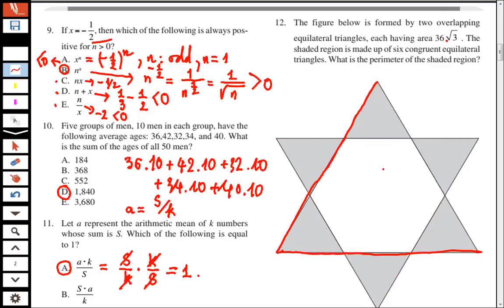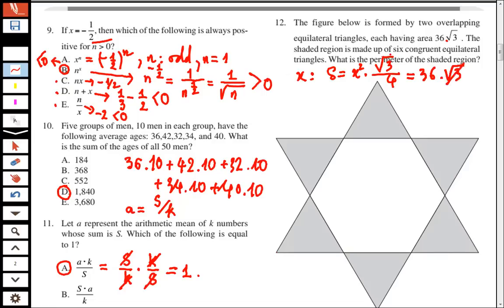If we set the side of this big triangle as s, we have the area equals s squared times the fraction square root of 3 over 4 equals 36 times square root of 3. Cancel square root of 3 on both sides, and we have s squared equals 4 times 36. Hence, s equals 2 times 6 equals 12.